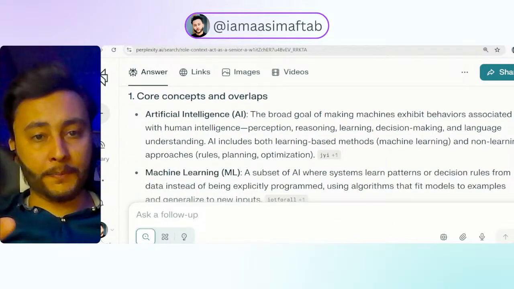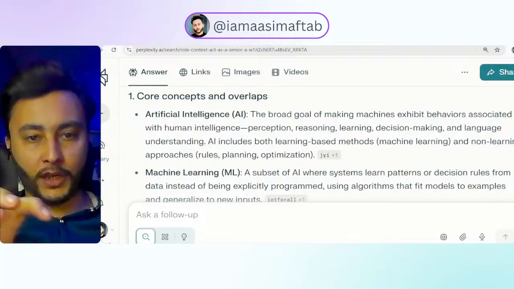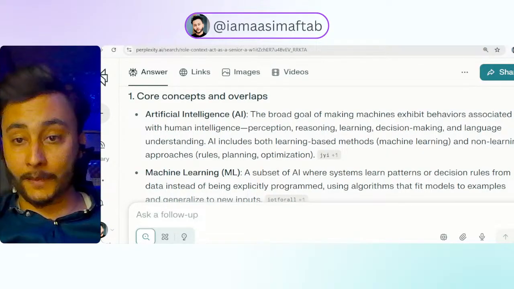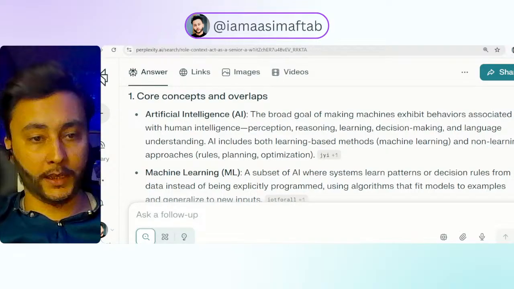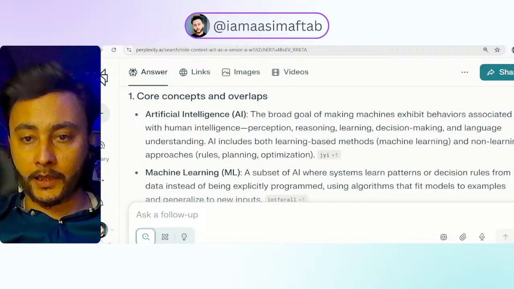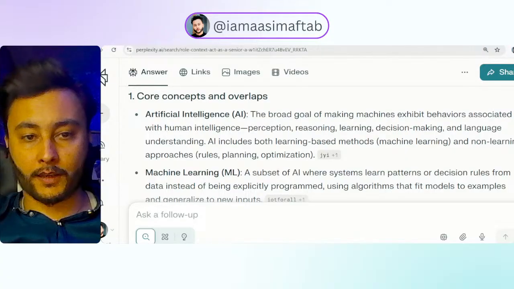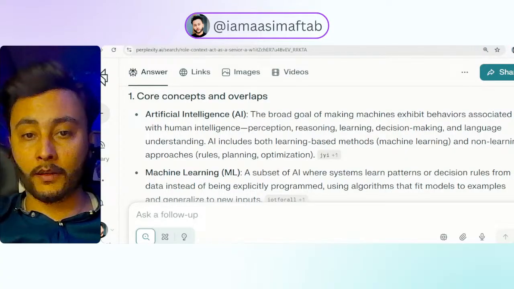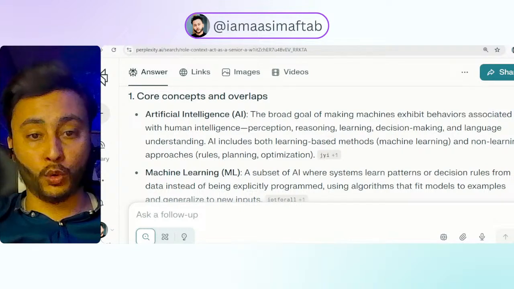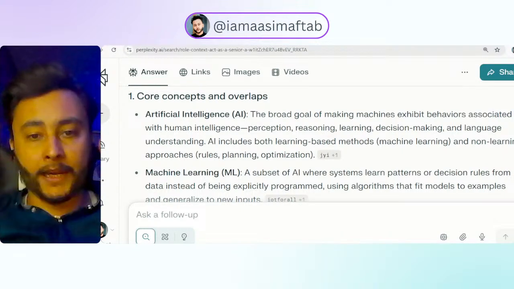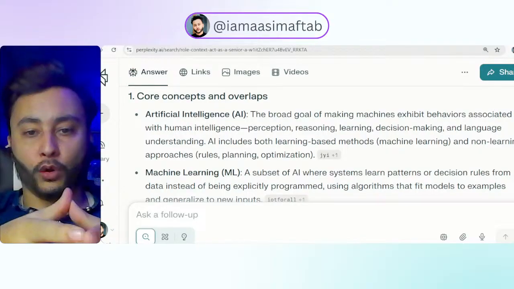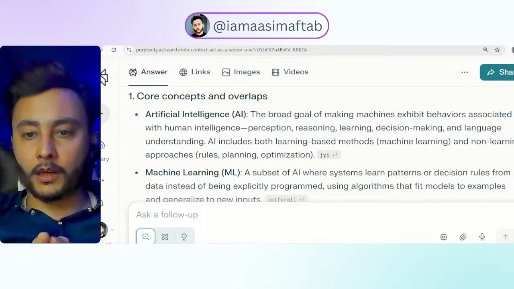One, core concepts and overlaps. Artificial intelligence, the broad goal of making machines exhibit behaviors associated with human intelligence: perception, reasoning, learning, decision making, and language understanding. AI includes both learning based methods, machine learning, and non learning approaches, rules, planning, optimization. Here it is telling that AI is made for both tasks, machine learning and rule based.